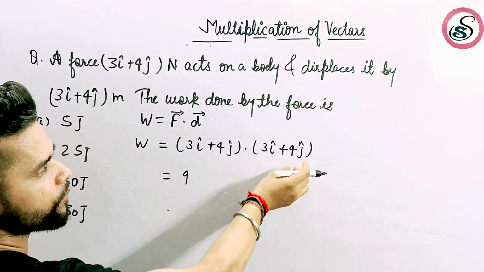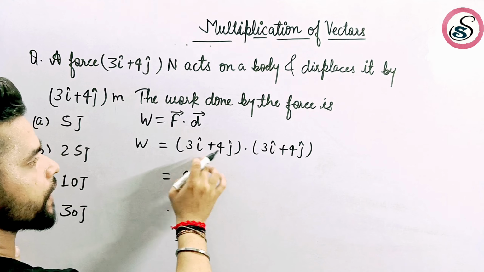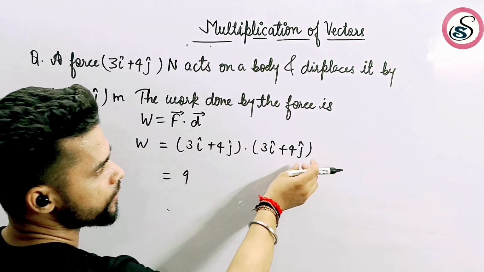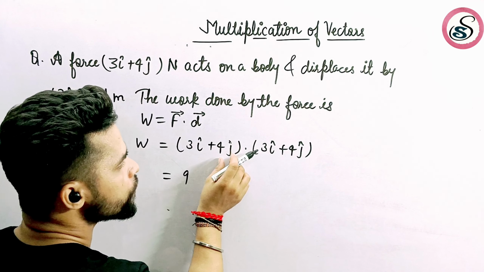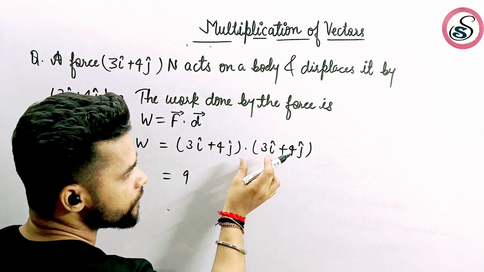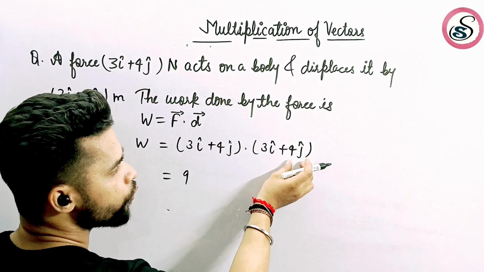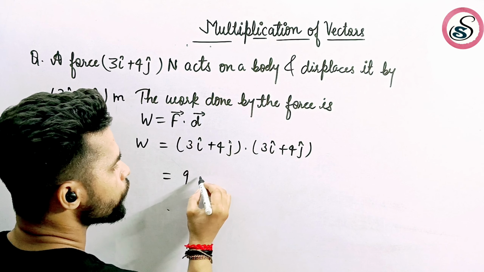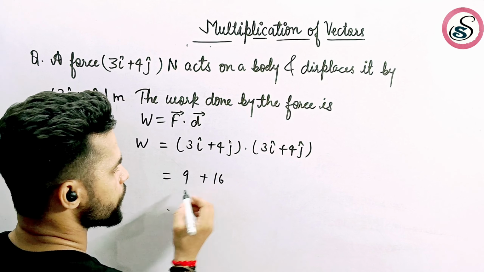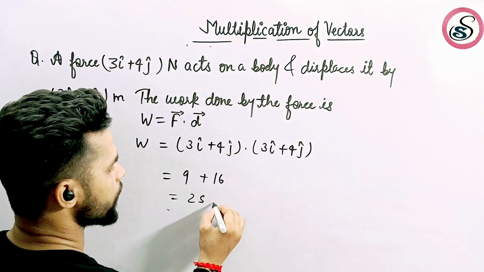Again 3I cap multiplied by 4j cap: 3 fours are 12, but I dot j is 0, so this is 0. 4j cap into 3I cap is also 0. 4j cap into 4j cap: 4 fours are 16, and j dot j is 1, so 16. Sixteen plus 9 is 25 joule.